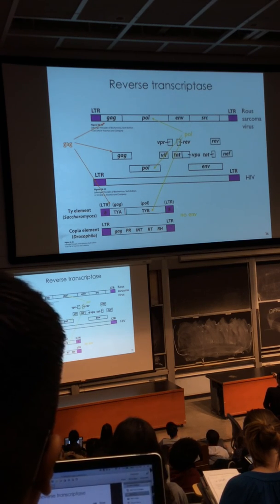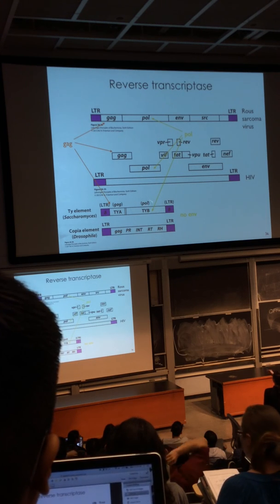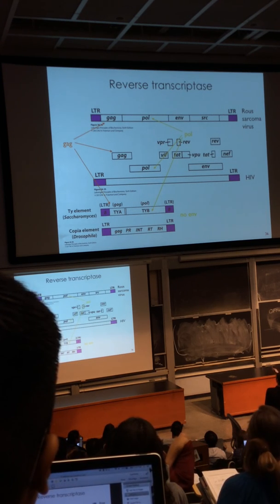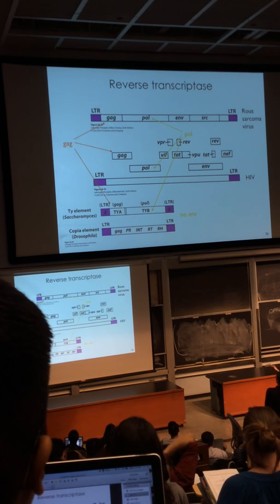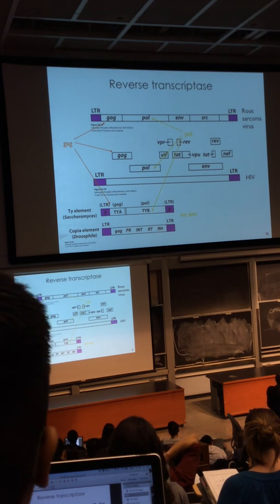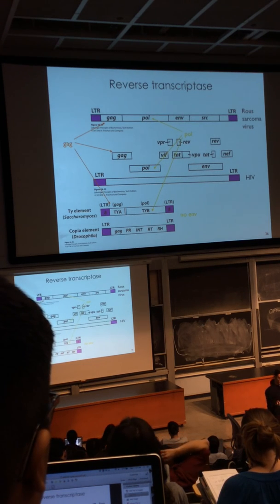And the interesting thing is there is also a class of retrotransposons. These are essentially selfish genes, and they contain a reverse transcriptase. The reverse transcriptase genes are called POL, or polymerase, as well as this GAG multifunctional protein. The retrotransposon doesn't include this ENV protein that encodes for the virus envelope.